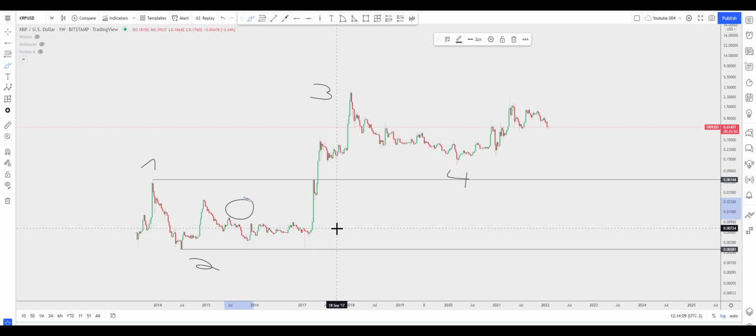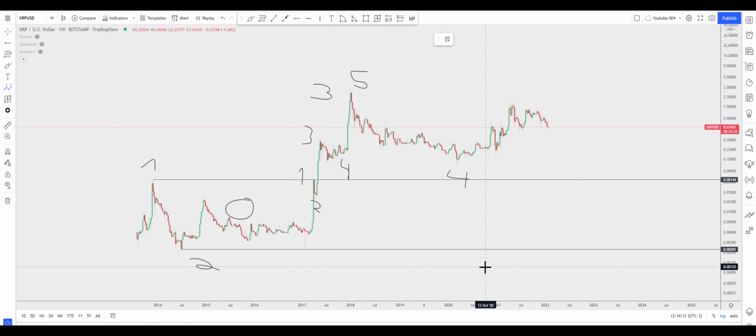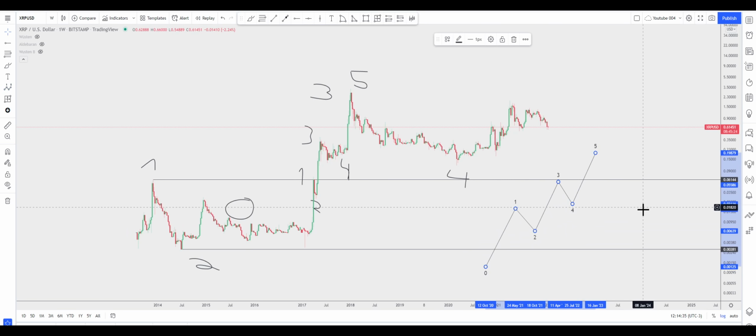The next numbers 1, 2, 3, 4, 5 must come after it's out. Okay, so 1, 2, 3, 4, 5. You see, just like the other, 0, 1, 2, 3, 4, 5. It's simple like this.